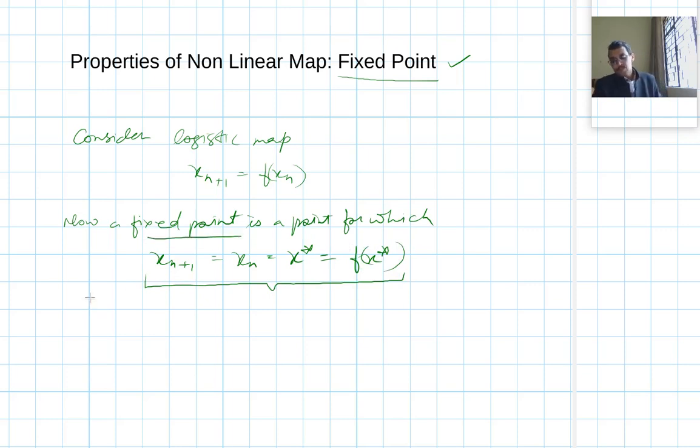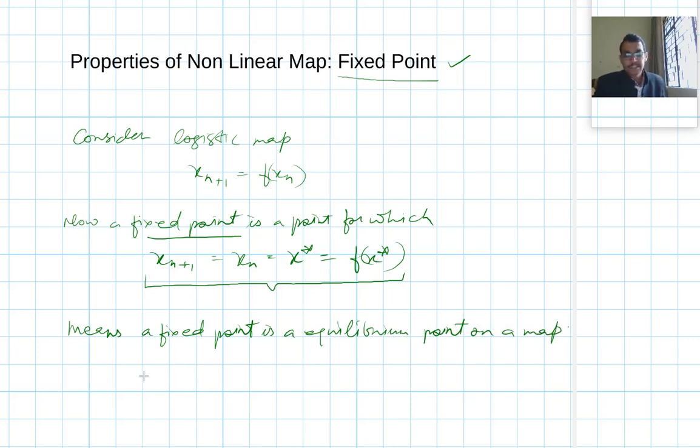And what does it mean? It means that a fixed point is an equilibrium point on a map.